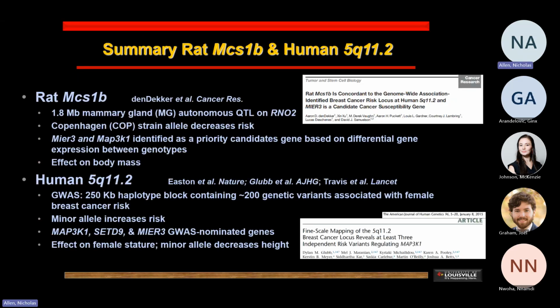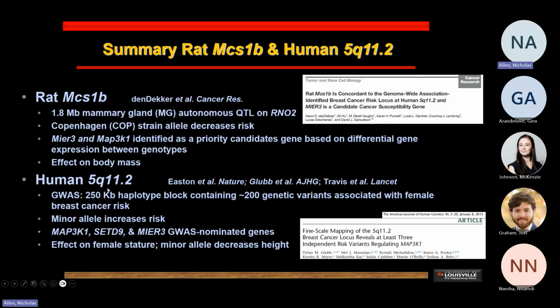So the summary of the rat MCS1B and the human 5Q: they're concordant orthologs. So we've got the rat here down to 1.8 megabases. The one rat strain decreases risk, and we've identified these MIR3 and MAP3K1 as priority candidates in the rat.